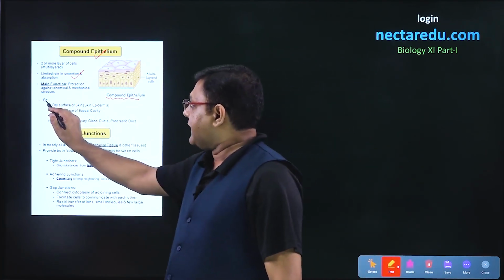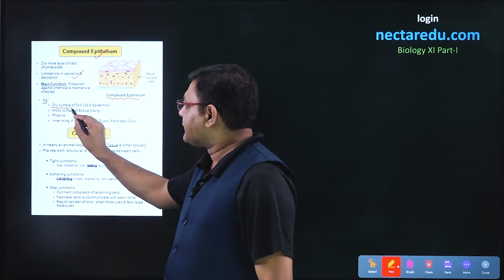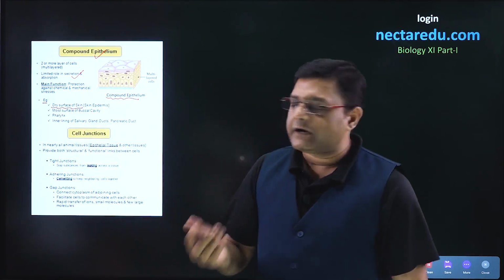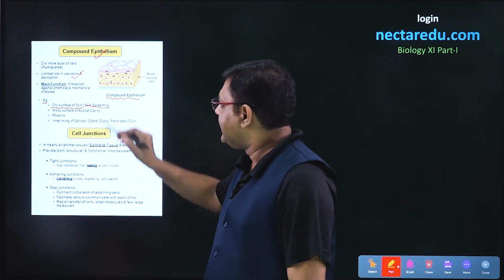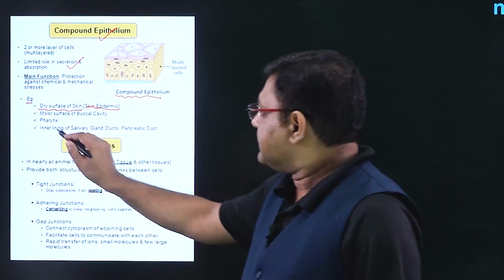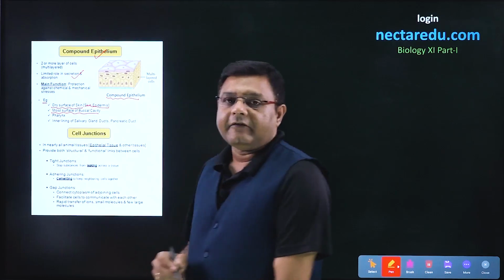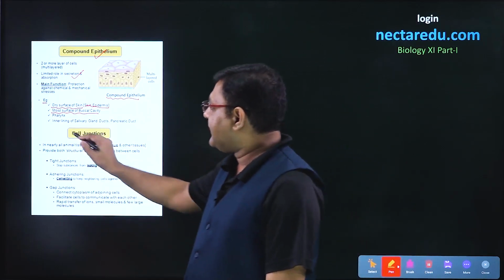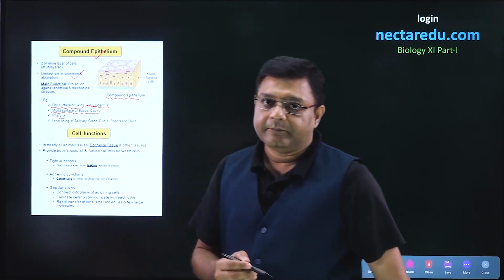Now, talking about the examples, the dry surface of skin, the outer surface, which we call skin epidermis, is an example of compound epithelium. The moist surface of the buccal cavity is an example, as well as the pharynx.